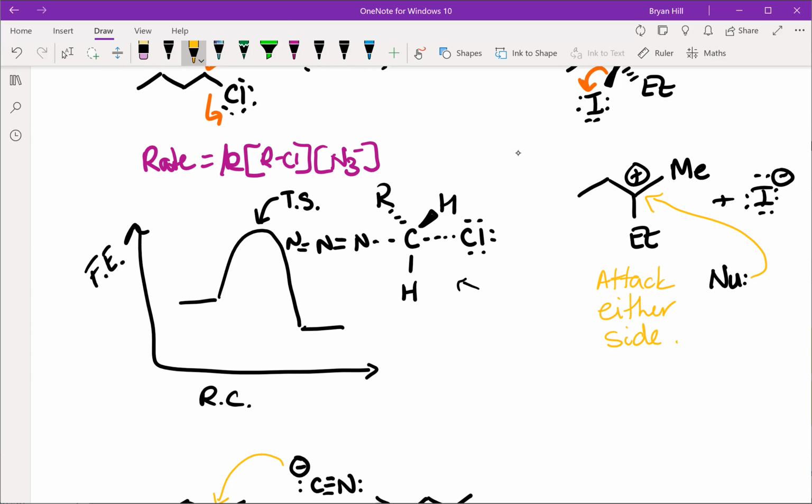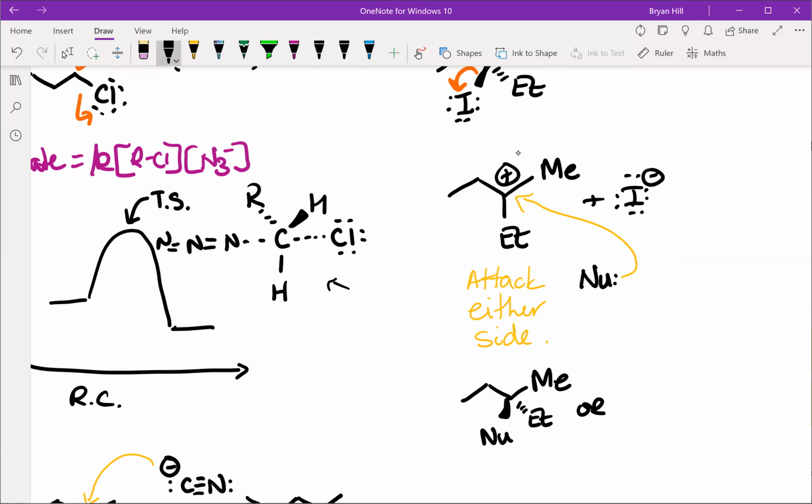So we are going to end up with two potential products here, and they're going to be 50-50. We could have the nucleophile forward and the ethyl back, or the ethyl forward and the nucleophile back.